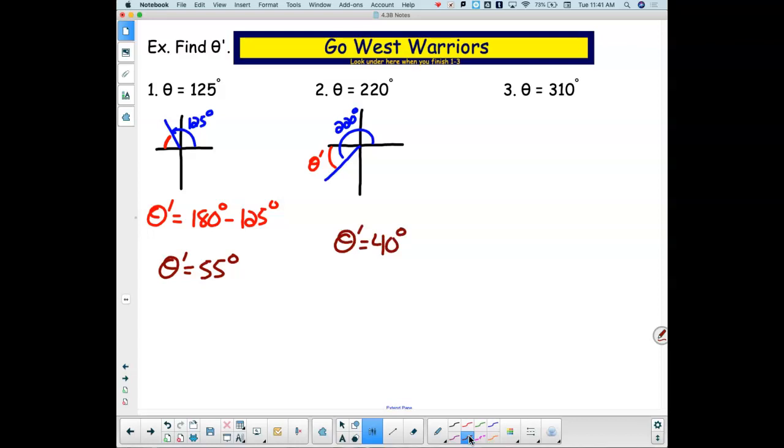Agree with me on that one? 310 degrees is there, which gives me a reference angle of 50 degrees.